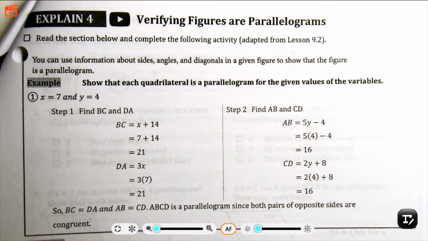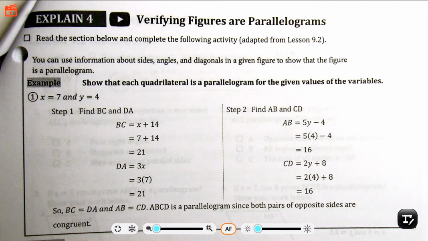So next, for problem number 3, this is based off theorem 4, which talks about diagonals. Remember that the diagonals bisect each other, and because diagonals bisect each other, that means that each piece of the diagonal will equal each other.